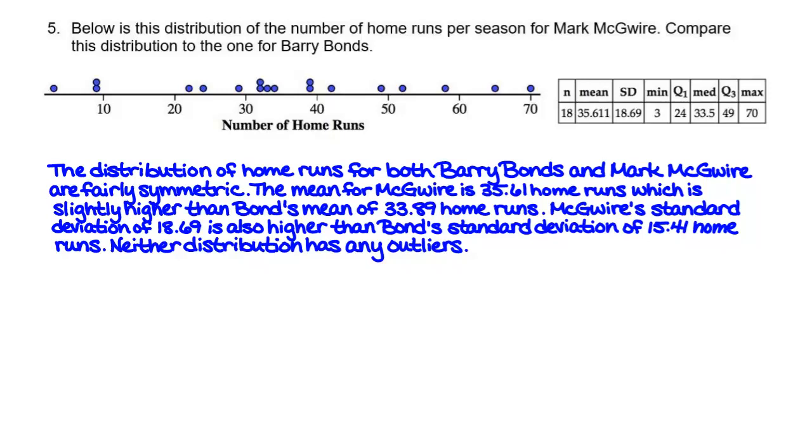McGwire's standard deviation of 18.69 is also higher than Bonds' standard deviation of 15.41 home runs. Neither distribution has any outliers. So still hit every piece of SOCS, but in there you want to be comparing the two things. Make sure you're using greater than, less than.